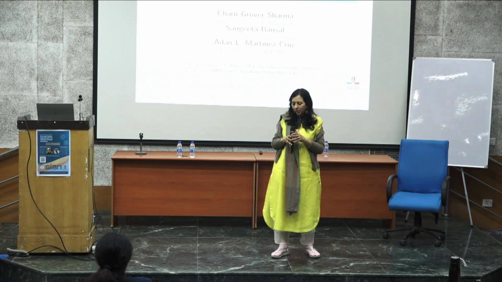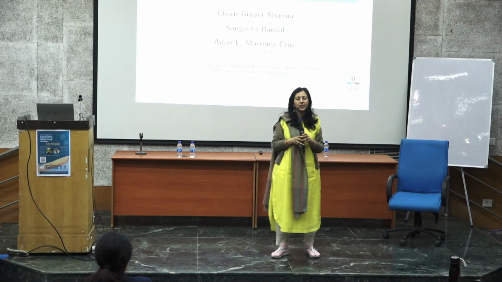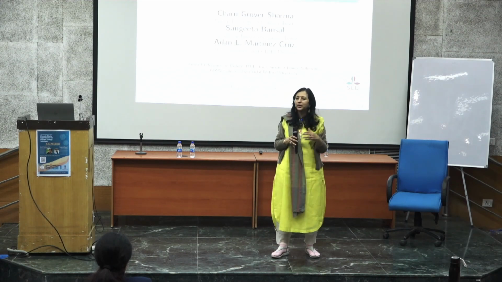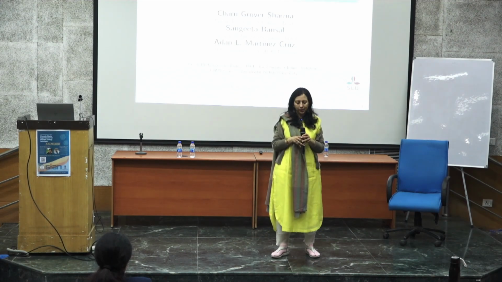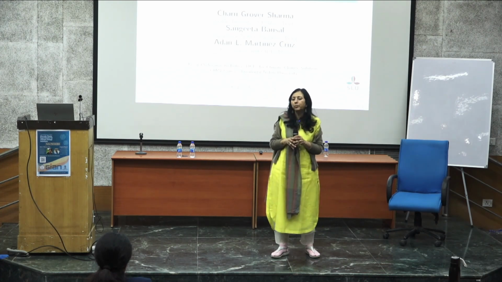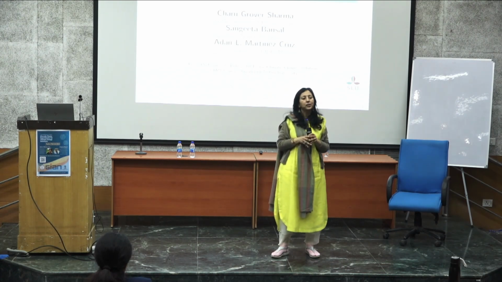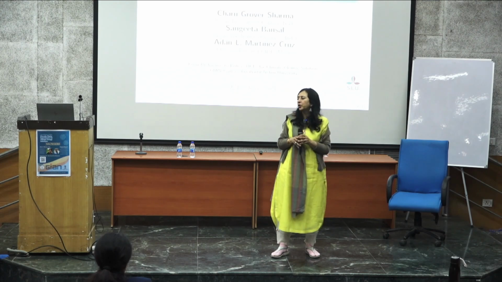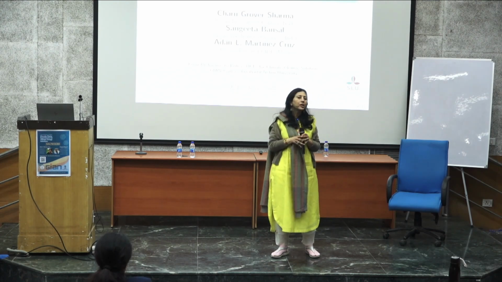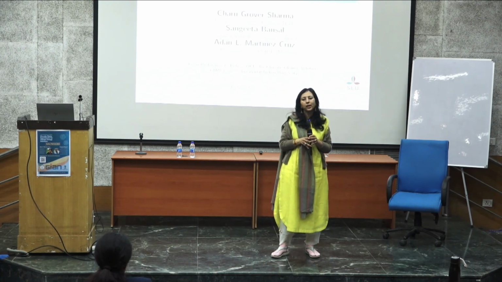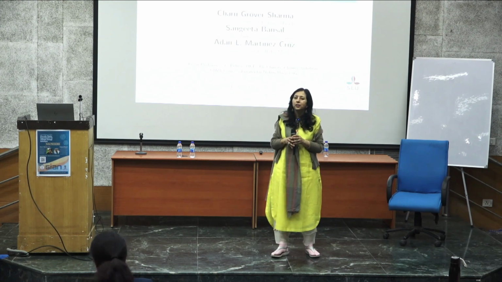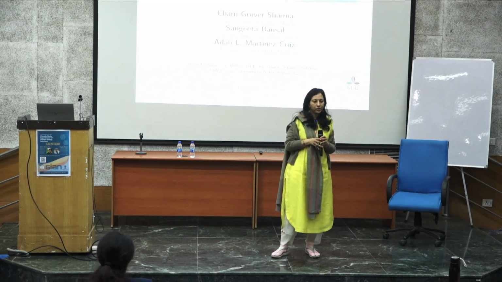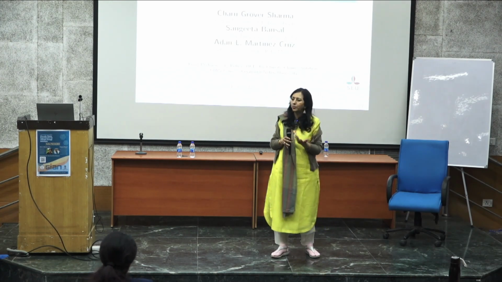So the National Commission for Climate Change was set up, and one of the elements of this National Action Plan for Climate Change was the setting up of the Bureau of Energy Efficiency. The objective of the Bureau of Energy Efficiency was to come up with policies so that consumers can use energy more efficiently. Okay, that was the objective.